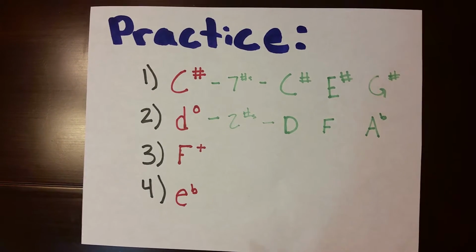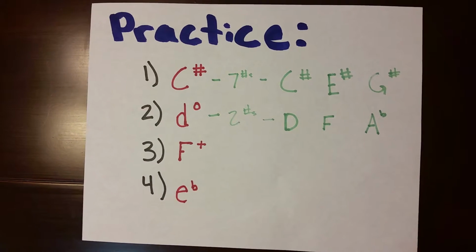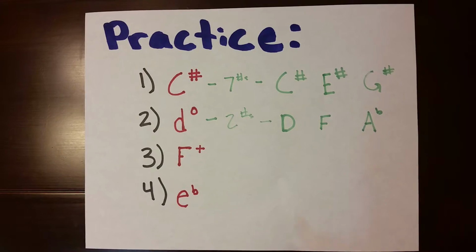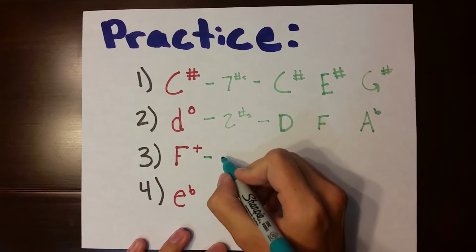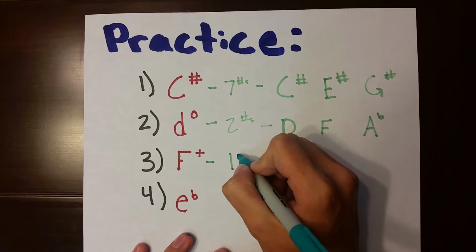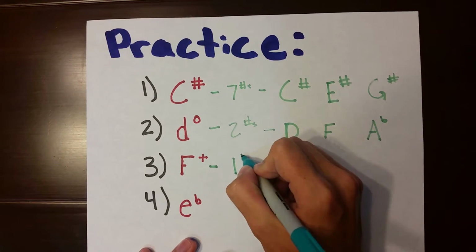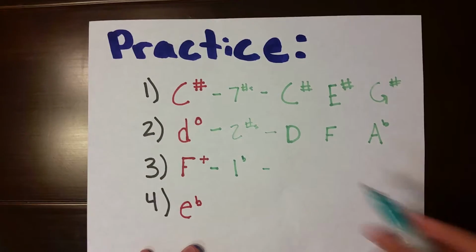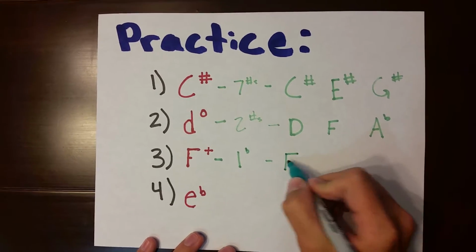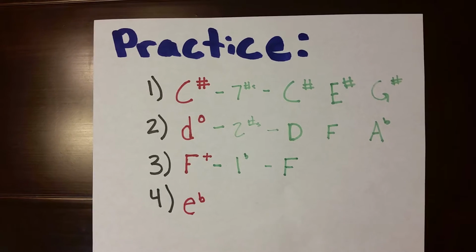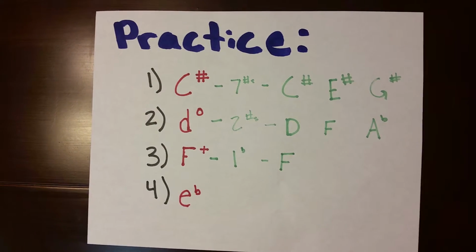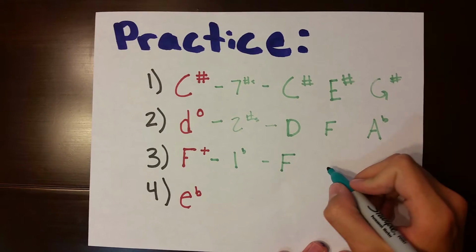Okay, third example. We have F augmented. Now, once again, recall the circle of fifths. That's your first step. The key of F has 1 flat. Now, the first note is always going to be the note in the notation, and that's F. Now, as you know, the third in an augmented triad is the same as in a major triad.